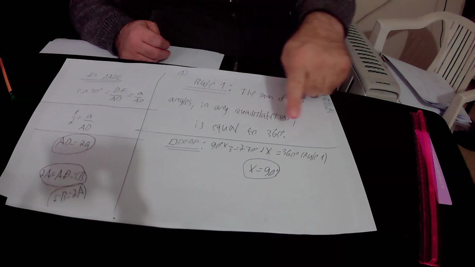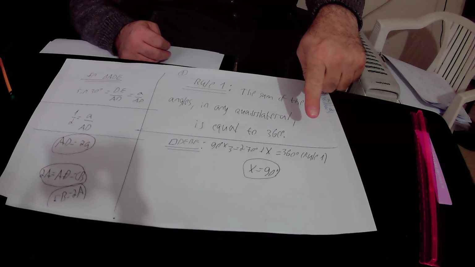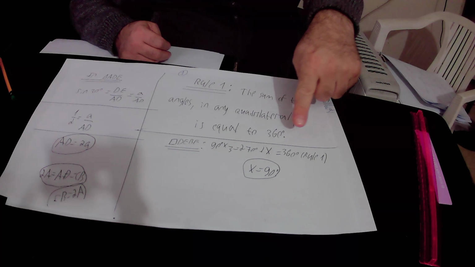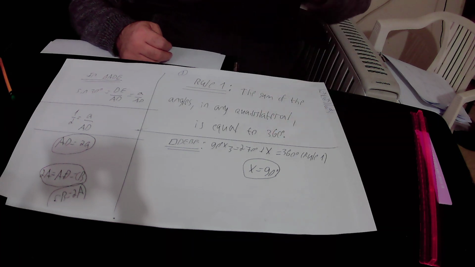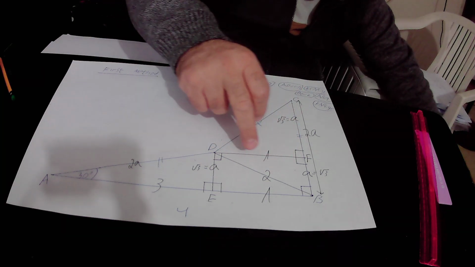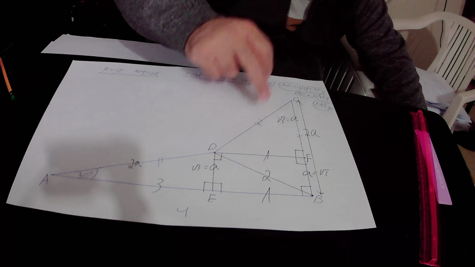That is to say 270 degrees plus x equals 360 degrees. We subtracted 270 degrees from this equation, and we got that angle x equals 90 degrees. So we found out that all the angles inside quadrilateral DEFB are right angles. They are all equal to 90 degrees.